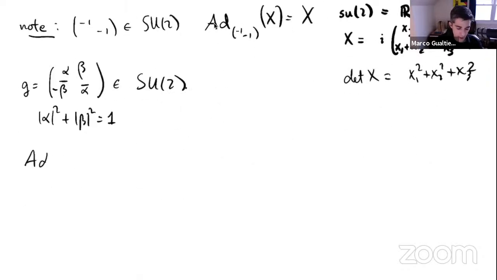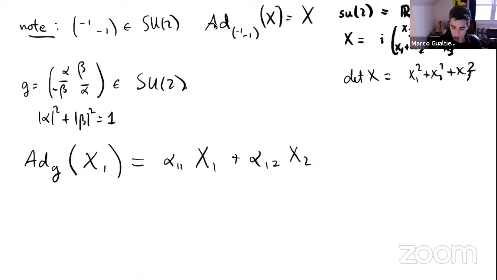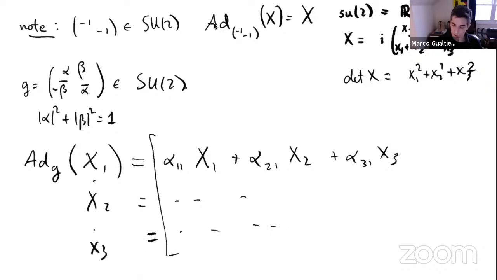And if we wanted to figure out what the matrix of Ad G is, we'd need to figure out what Ad G of X1 is. It would be some alpha 1,1 X1 plus alpha 2,1 X2 plus alpha 3,1 X3. And you'd have to figure out X2, X3, and you would write out your 3 by 3 matrix.